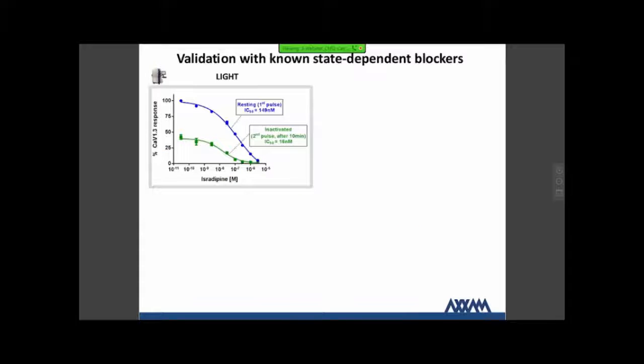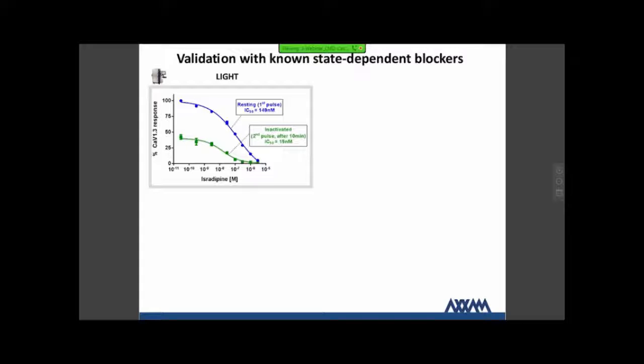So what we did next is we validated our optical assay with some known state-dependent blockers. I just show you here the inducible blocker, which is a known state-dependent blocker. And if we run the light protocol, we can determine the dose response curve and the IC50 of this blocker, either in the resting state, by stimulating the cells with this blue light, or also we can study the pharmacology in the calcium-activated state by repassing the cells after 10 minutes.